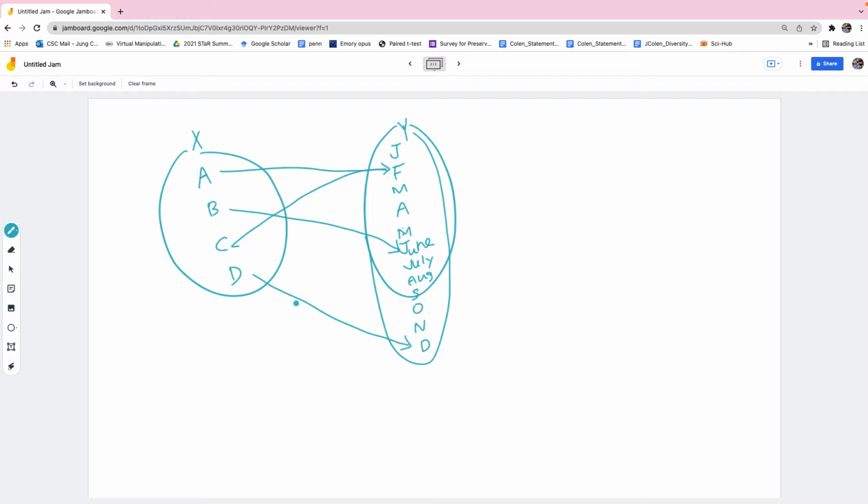So function is like this. Every number in the domain has to have a corresponding number in the codomain. Every number has to have, right? Like everybody has a birthday. However, not every birthday month can be applied.